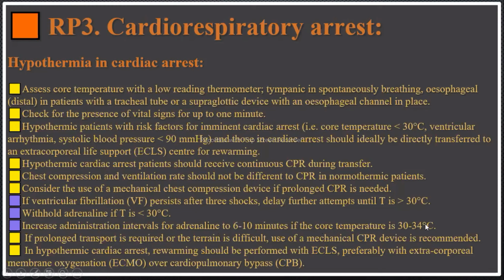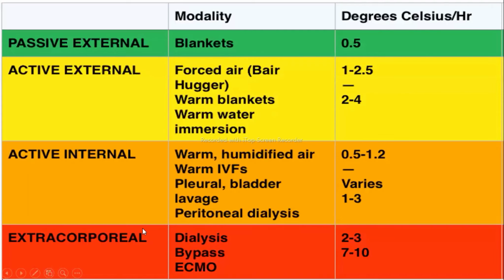If the core temperature 30 to 34, you will withhold the adrenaline until temperature 30. But once it will be 30 to 34, you will increase the interval. So here, the treatment: passive external rewarming, like blankets, active external, and active internal, extracorporeal.